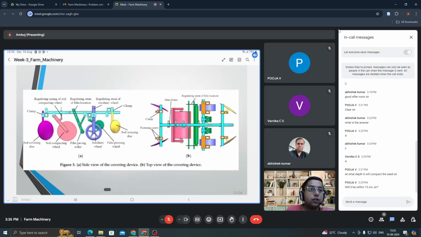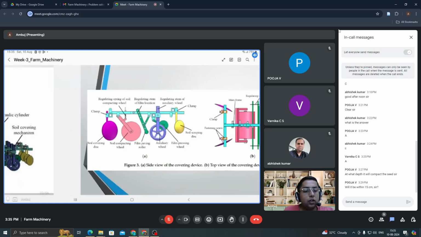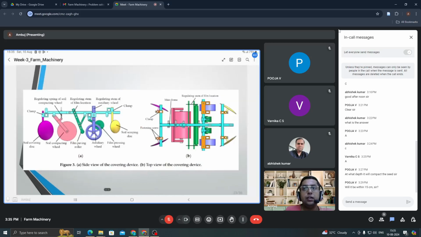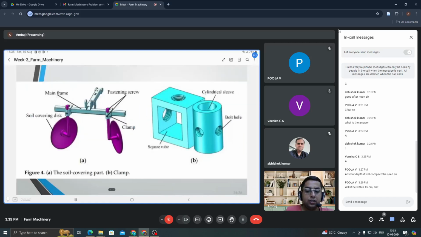Then try to see this right hand figure. The extended version of that is shown here: the side view of the covering device, and from the top view, how it looks, this particular figure. Then see here, this disc is there for covering the soil. It is attached to the main frame, and some fastening screws are there.